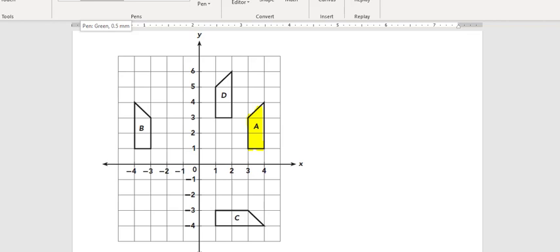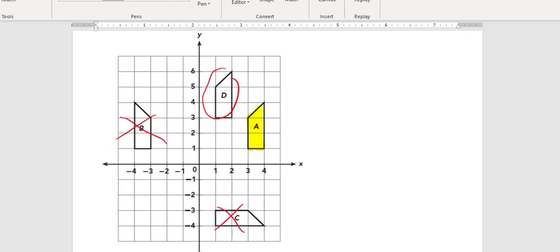Could we simply have moved it to get it here, or moved it to get it here? If you think about just picking something up off the graph and shifting it over, that probably wouldn't have created this. This one looks more like we flipped it, which is something we're going to talk about next week. This one looks like it was turned. That'll be something we talk about in a couple of weeks. This is the only one that looks like it was shifted.